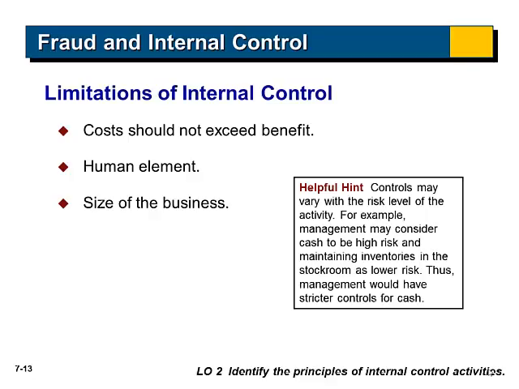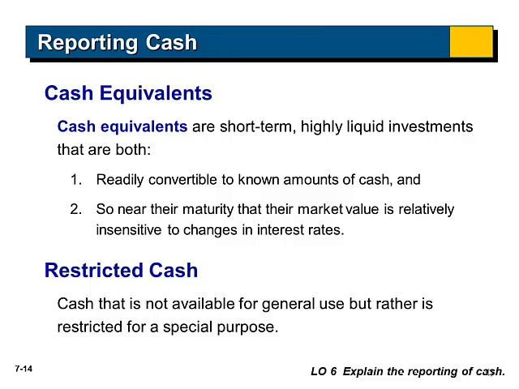Cash equivalents are short-term, highly liquid investments that are readily convertible to known amounts of cash, and they're so near maturity that their market value is relatively insensitive to changes in interest rates. So basically they are very, very short term, very liquid investments. They're not exactly cash, not green dollar bills, but they're really close to being cash and converted to cash.